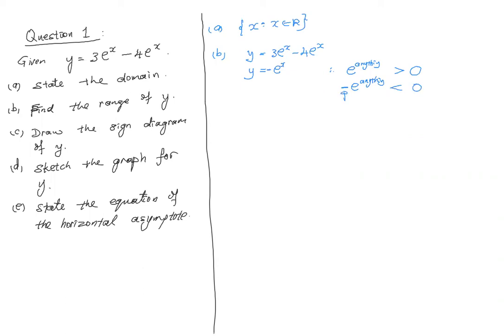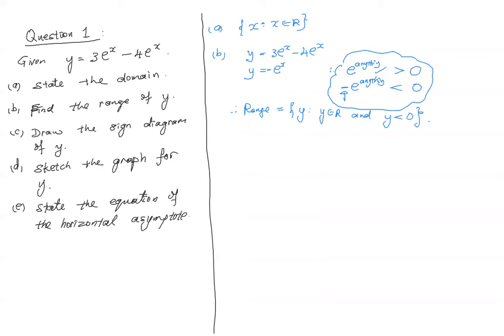It must be less than 0. This is something that you must have in mind about e, very important. So therefore, I can straight away know that the range is y is a member of real number and y must be less than 0.